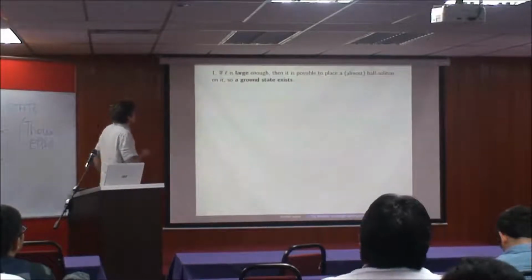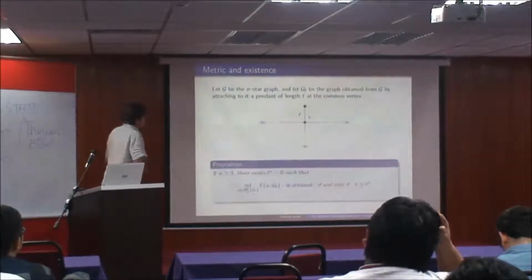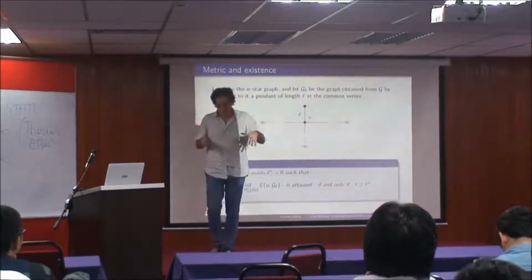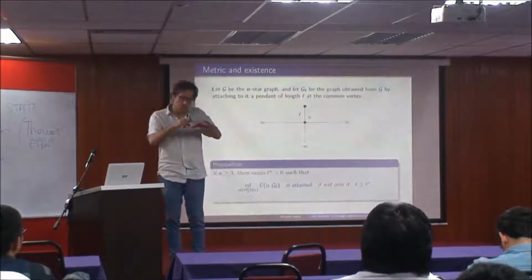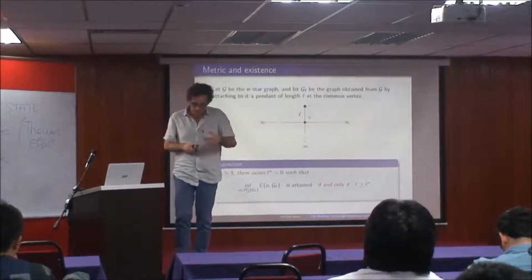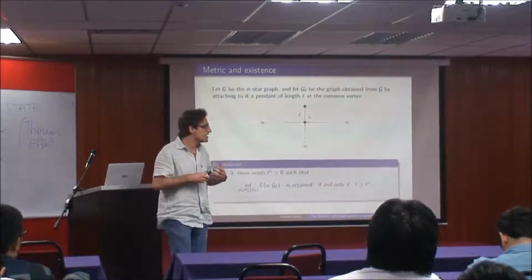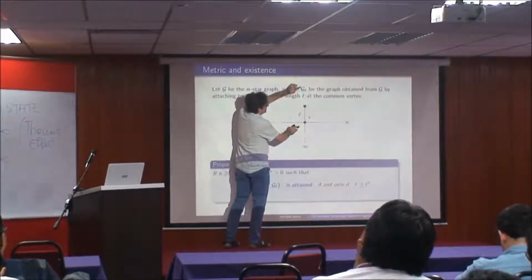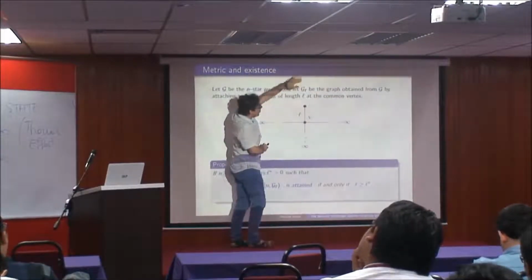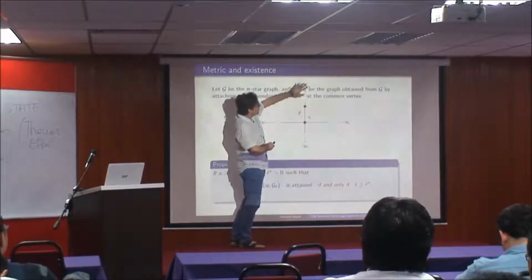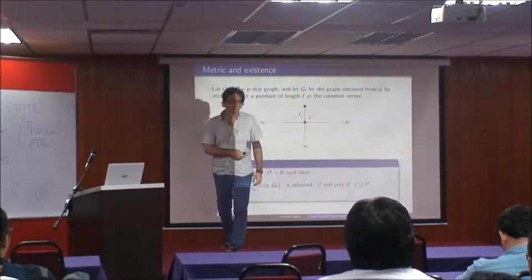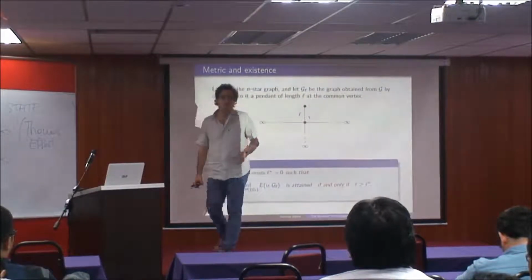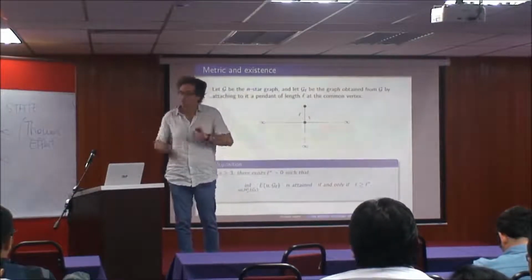The first point is the following, in order to understand what happens. If you fix mu, then in some sense you fix a length scale, because the soliton of mass mu has a fixed length, which in the cubic case goes like the inverse of mu. So you have a length scale. Now, if L is long enough, then you are able to place almost the half soliton of mass mu on the pendant. The half soliton is much better than the soliton, because its energy is minus mu cubed over 24.